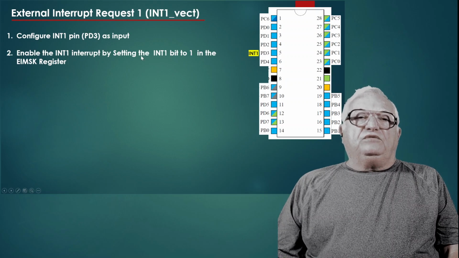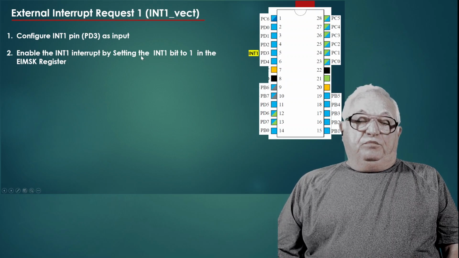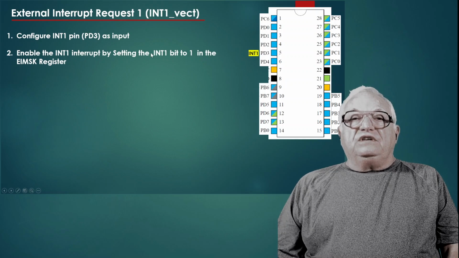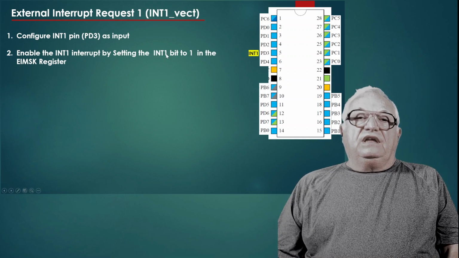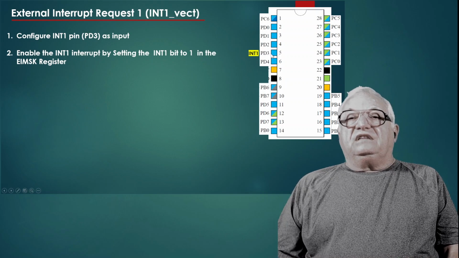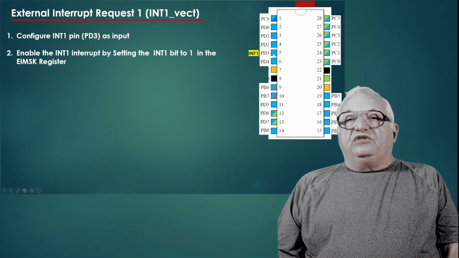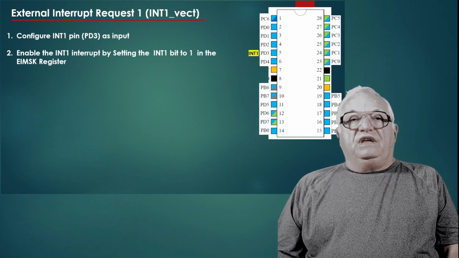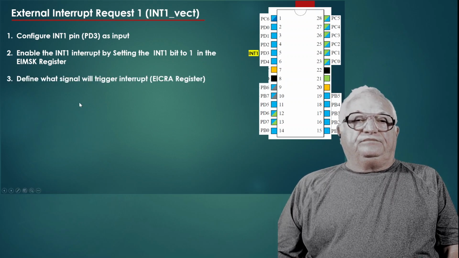Next, we have to let the microcontroller know that we're going to be using the INT1 interrupt, which means that port D3 is going to be configured to accept interrupts.